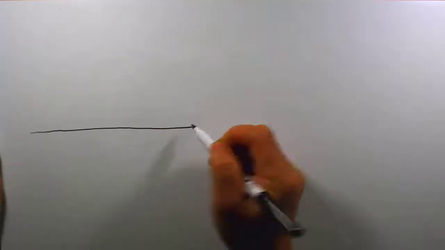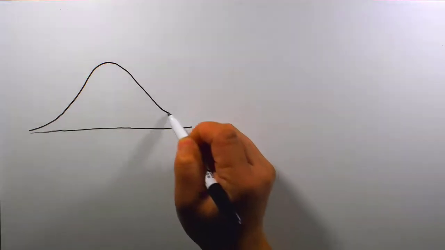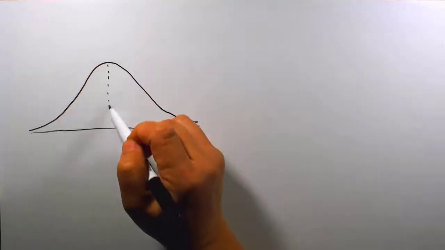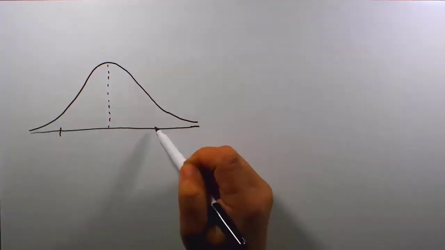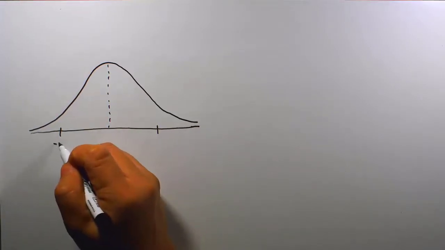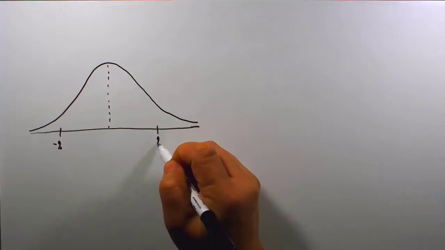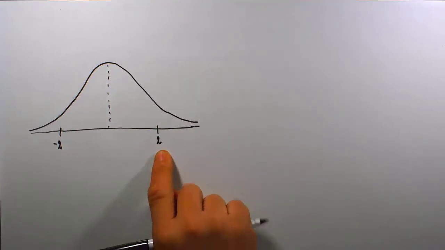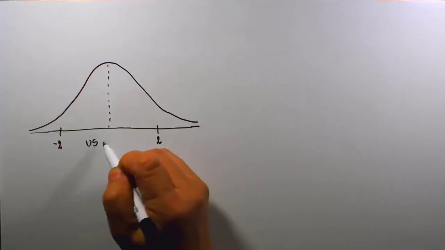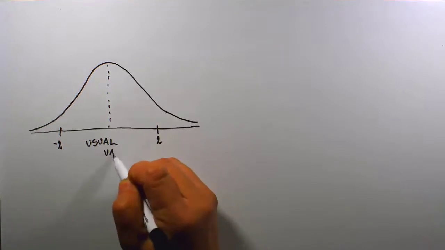All right, so let's look again at the bell curve a little more carefully. We've learned a while ago that in any data set, those values having z-score inside of the interval from -2 to 2 are being regarded as the usual values.